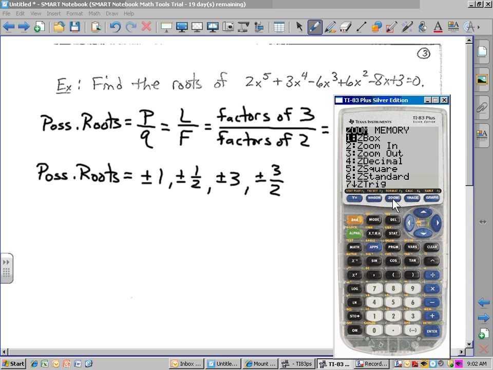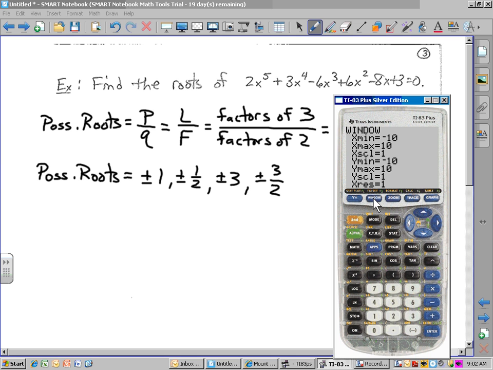Let's go ahead and start with a zoom 6. Okay, if we want to see what this looks like, we can change the window. But just by looking at what we have right here, looks like -3 is a good chance, just by looking at the graph, and looks like positive 1. So negative 3 and positive 1 looks very good here.